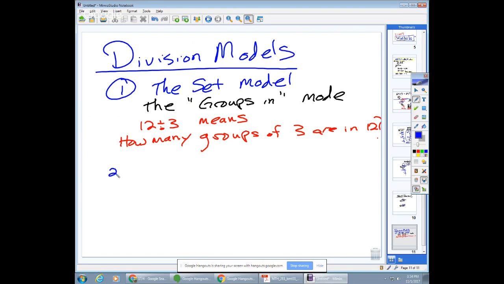The other version of the set model is called the partition model. Doesn't really have an alternate name.